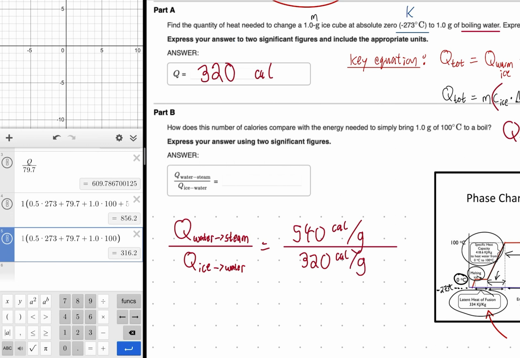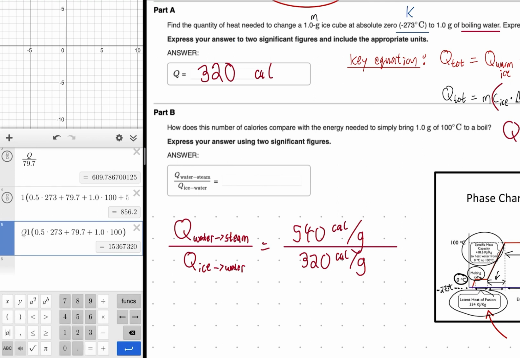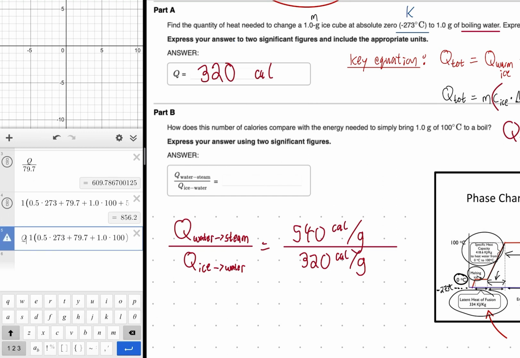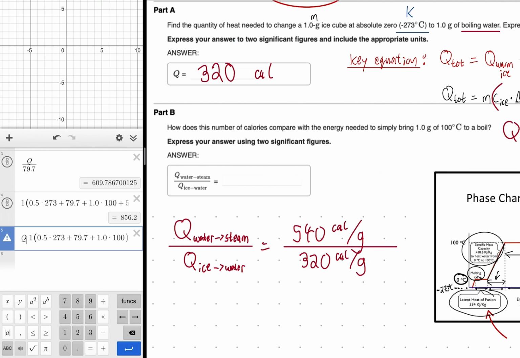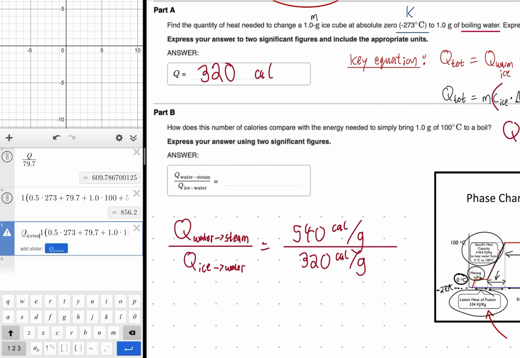That'd be our answer, 540 over 320. Specifically, let's give it a name. I'm going to define Q with a subscript, ice water. Long name, but then you'll know exactly what it is.